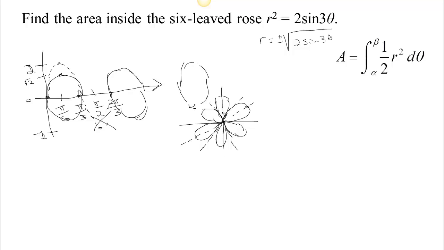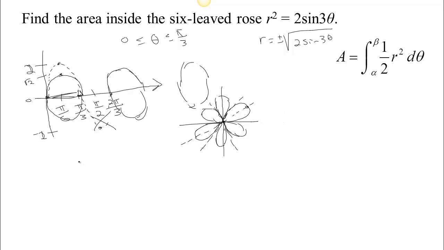Now there's a symmetry in here, so all the petals are the same. We just need to find the area of one petal, which we could do if we just integrate theta from 0 out to pi thirds, right? That's enough time for us to draw the upper petal of the leaf. Now remember, the formula says 1/2 r squared, and we already have r squared is 2 sine 3 theta.